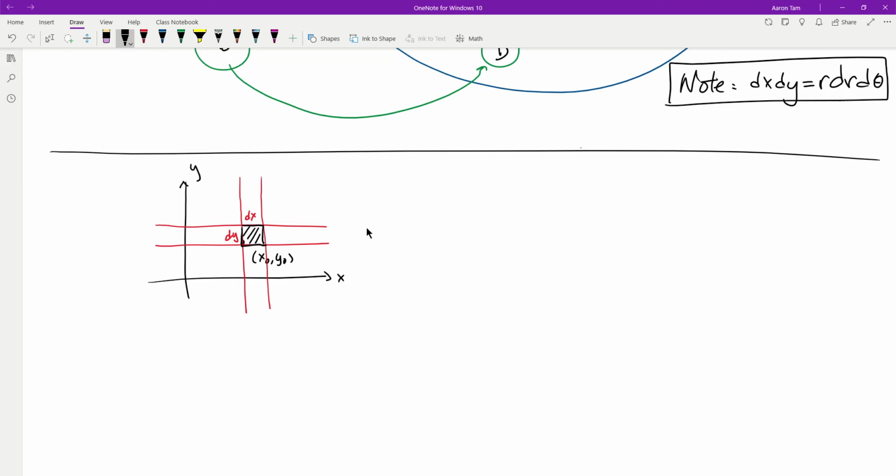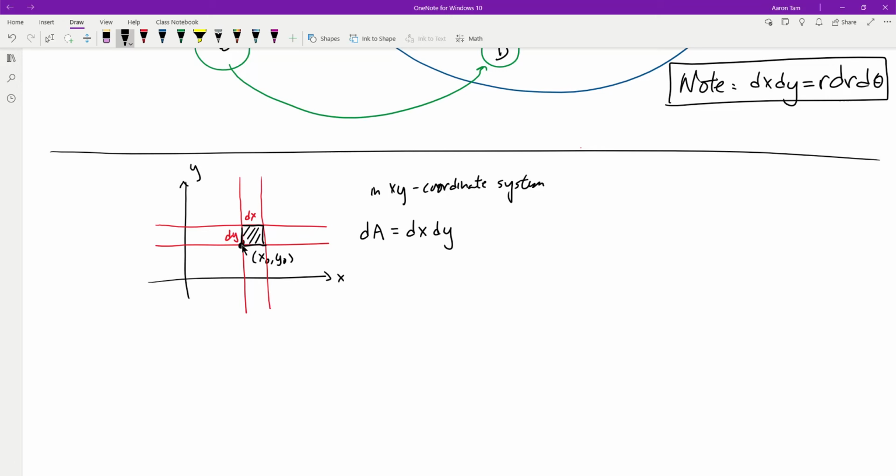This is basically what dA is, which in this case is just dx dy. That's where dA comes from: basically a change in area. Starting at this point, if I change slightly in the x and the y direction, I'm changing the area by this much.